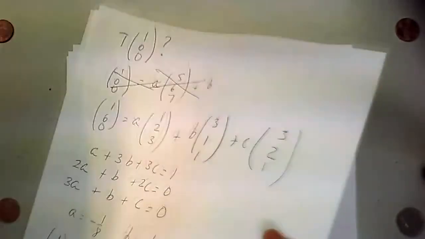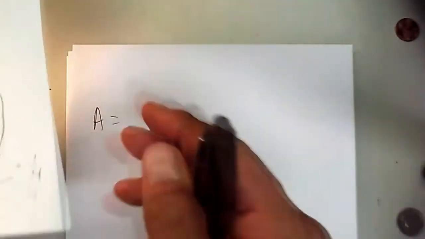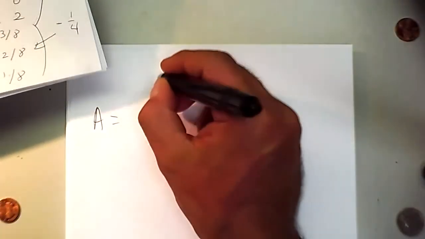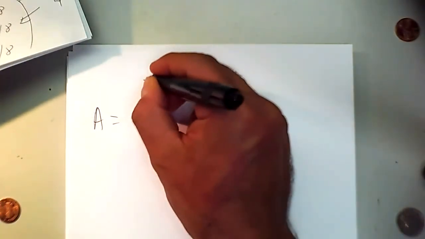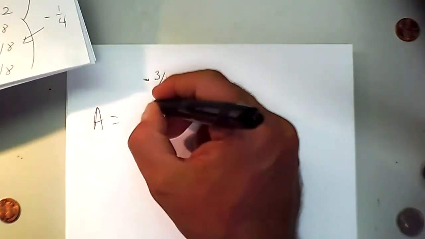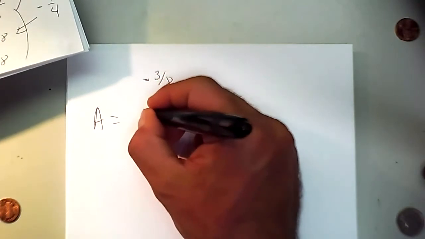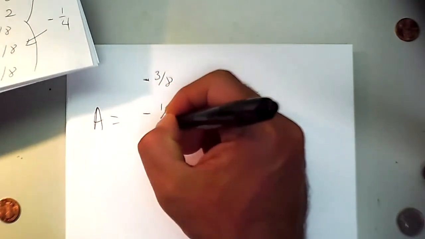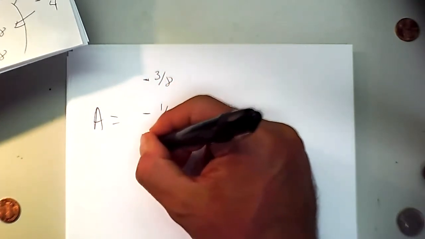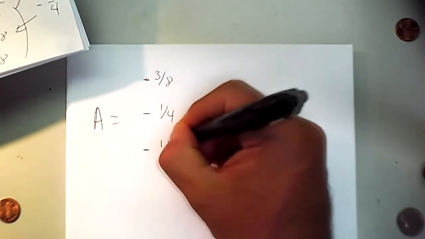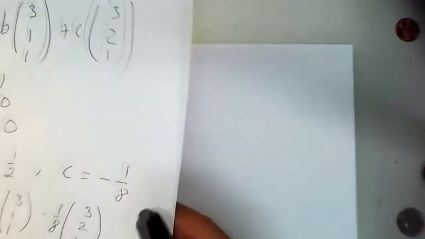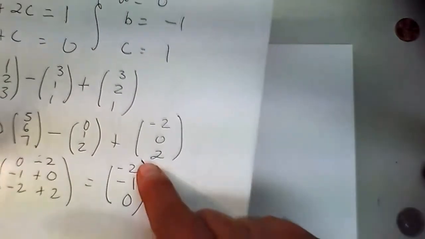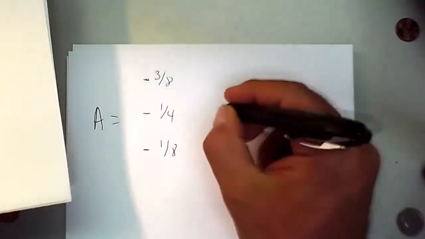Anyway, the matrix will be -3/8, -1/4, -1/8. That's the first column. The second column, oh, that one was nice. -2, -1, 0.